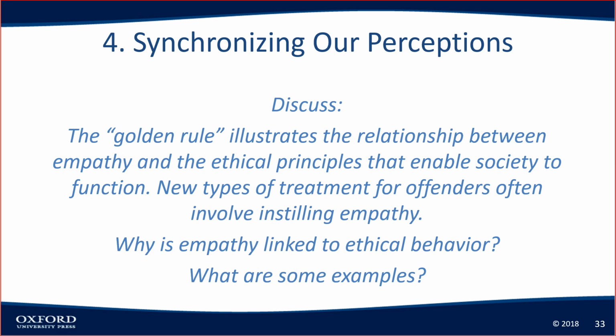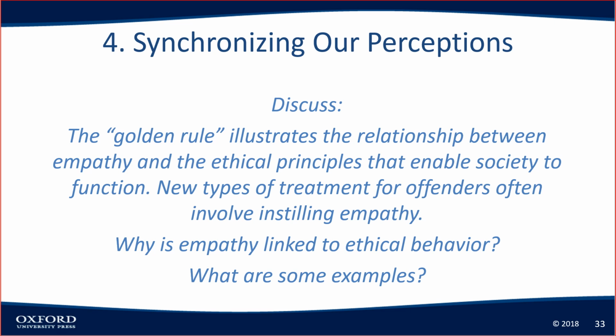So the golden rule illustrates that relationships between empathy and ethical principles enable society to function. There are different types of treatment for offenders, often involving trying to instill empathy. So why is empathy so important? How does it connect to ethical behavior? Can you think of some examples?